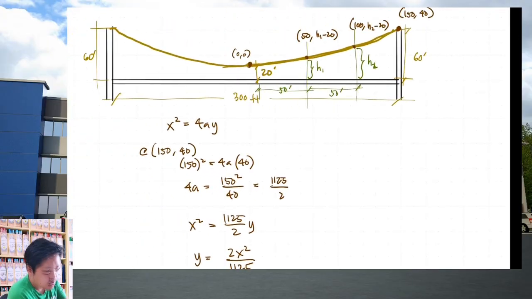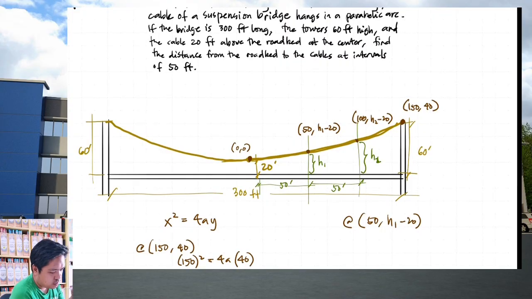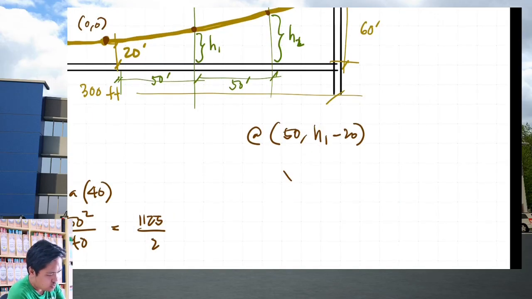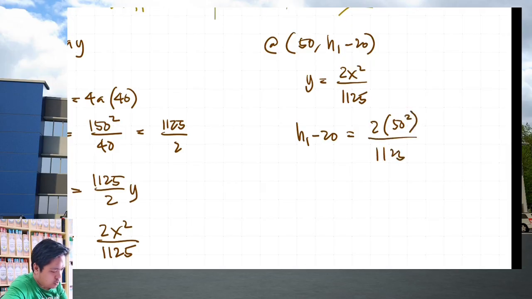So, let's start with at 50, h1 minus 20. That is for the distance of the first point, ito, cable to the roadbed. So again, our equation was y is equal to 2x squared over 1125. So our y here is h1 minus 20. So h1 minus 20 is equal to 2 times our x here is 50 squared over 1125.